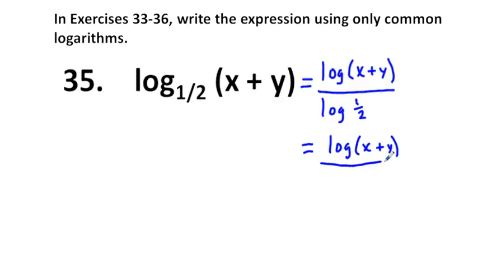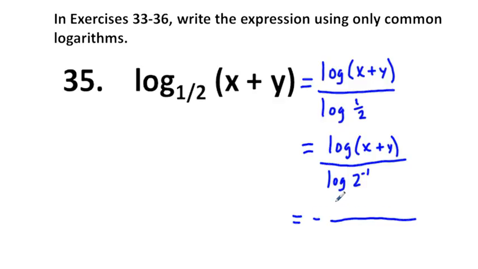The log of 1/2 can be rewritten as log of 2 to the -1 power. So we can take this -1, move it out front, and that makes the whole thing negative.